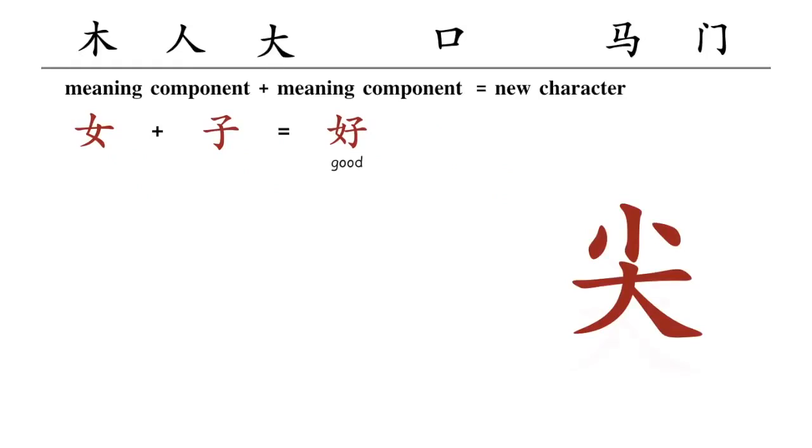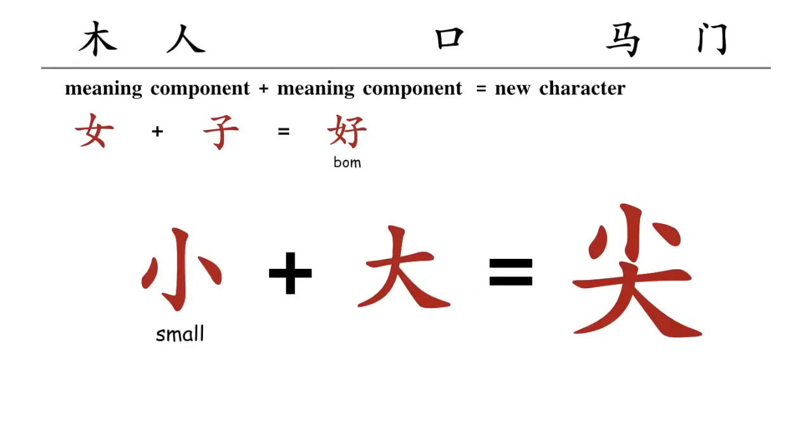The lower part we already knew means big. The upper part I haven't mentioned. It means small. Something is large down below and becomes small towards the end. What is it? The character means pointy. Okay, 2 components, both use their meaning to form a new character. This is the structure we have in the second category.